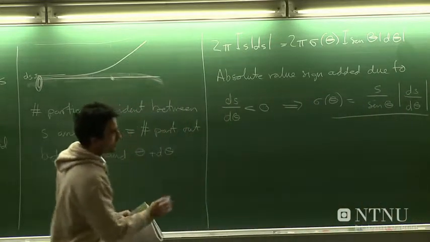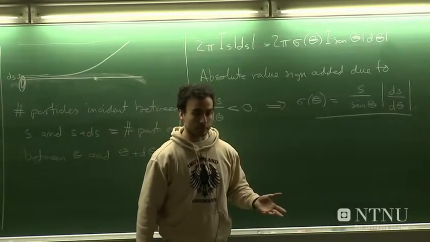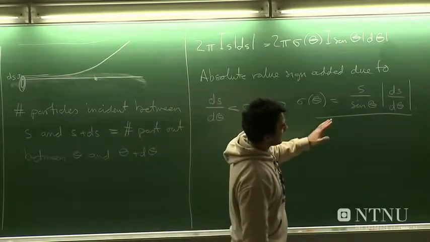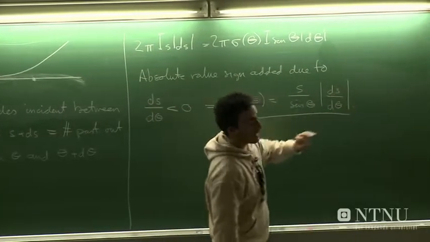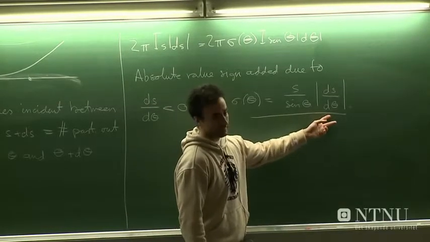So let's say we wanted to actually evaluate what this differential scattering cross-section is for some situation. Well, that entails us identifying S as a function of theta in order for us to perform this derivative.